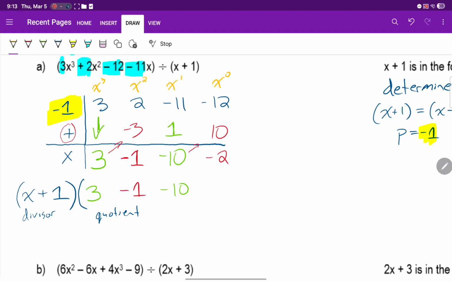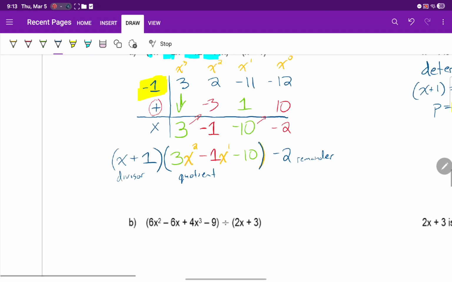So my x cubed column becomes x squared. My x squared column becomes x to the 1. My -10 column becomes my constant, and my last column here, this -2, is my remainder.